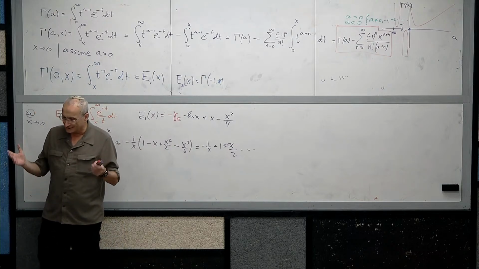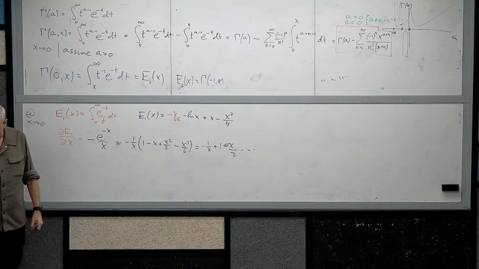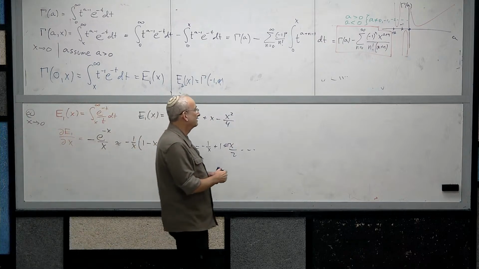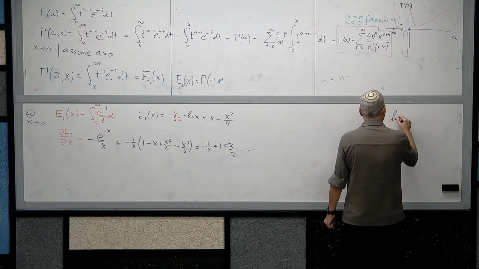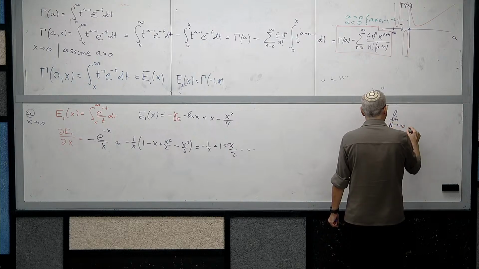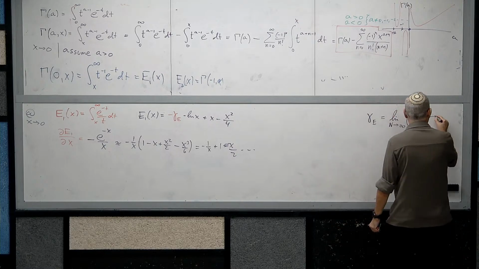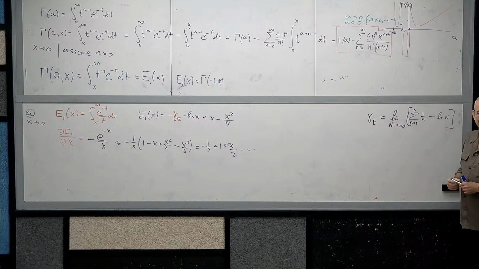So this is gamma Euler. What is gamma Euler? It's a constant, like e, like pi. It's 0.5772 or something like that, and it is defined as the limit when n goes to infinity of the sum of 1 over n from n equals 1 to n, minus ln n.